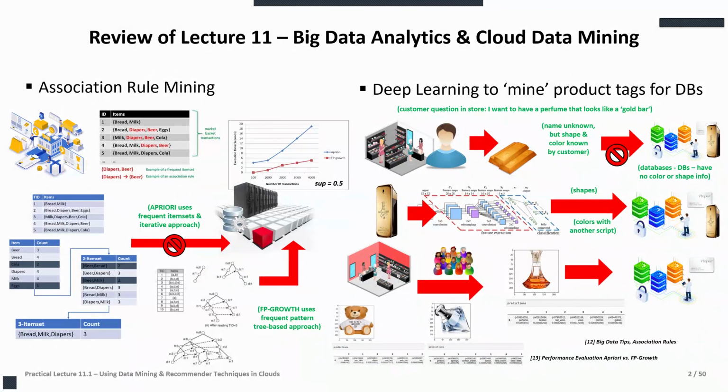It extracts shapes and colors in order to get an augmented database that now has this information automatically generated based on pictures that we got of the different perfumes, and it's now associated to the database at this particular store. So we can now answer the question, well, which one is looking like a gold bar, and the clerk can look it up and see, well, that is this one, you find it over there.